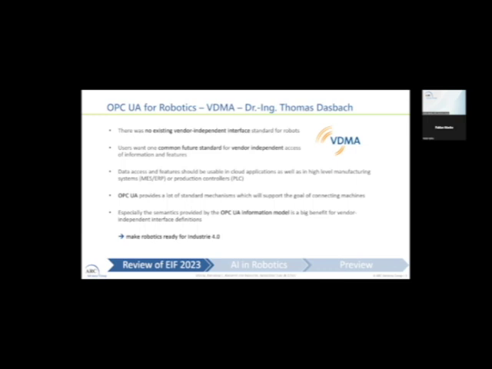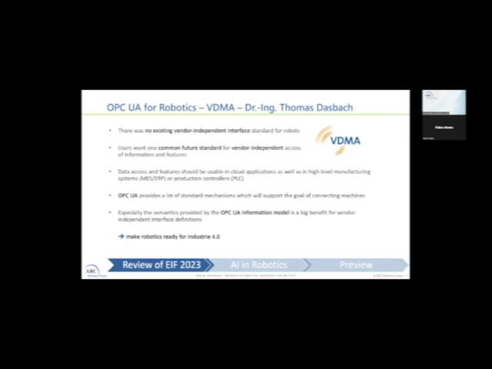And if you want to have more insights about that, check out the website of the VDMA, and also get in contact with us. We can provide you with much more detailed information, but I will speak about that also a little later.